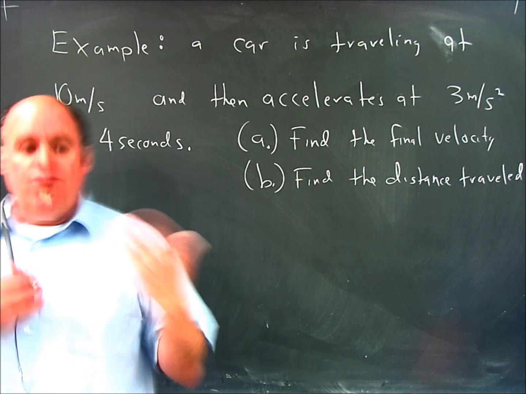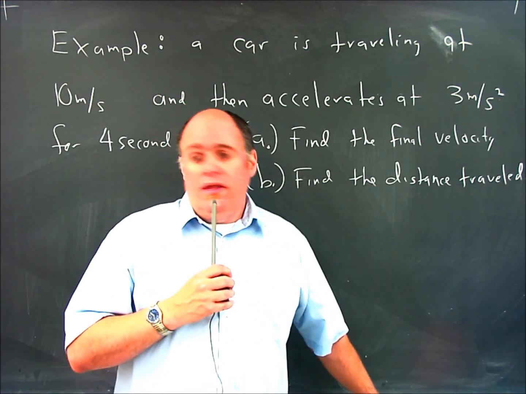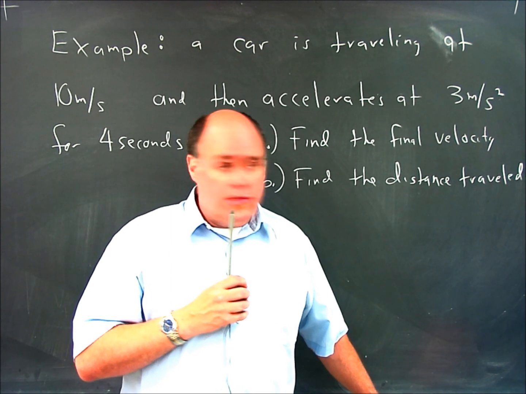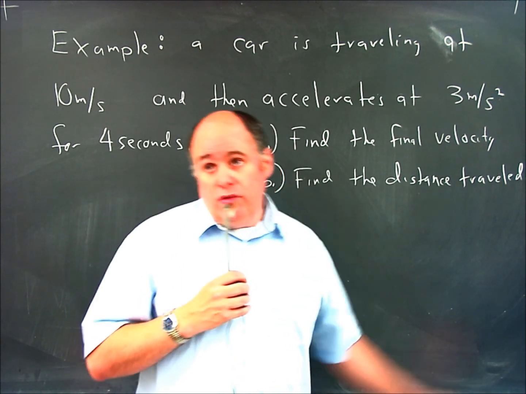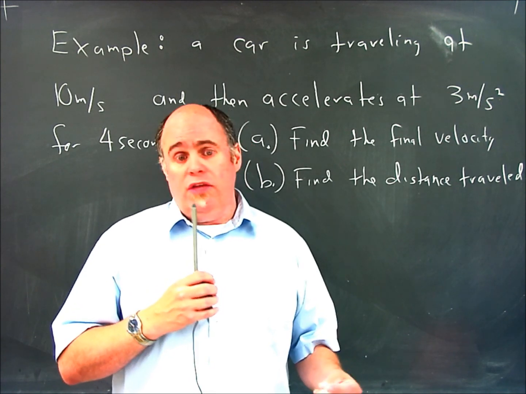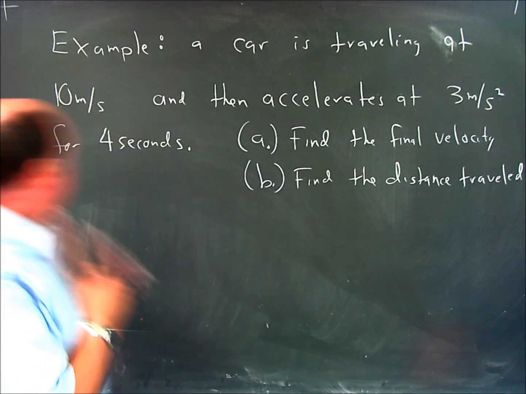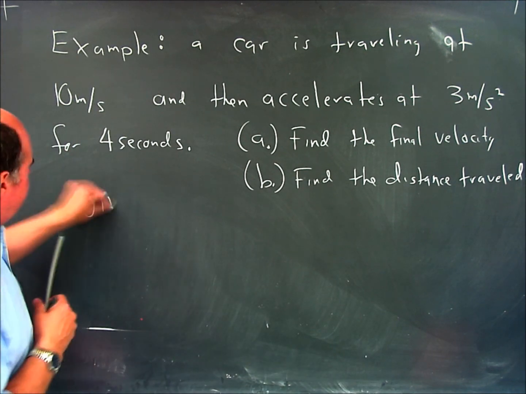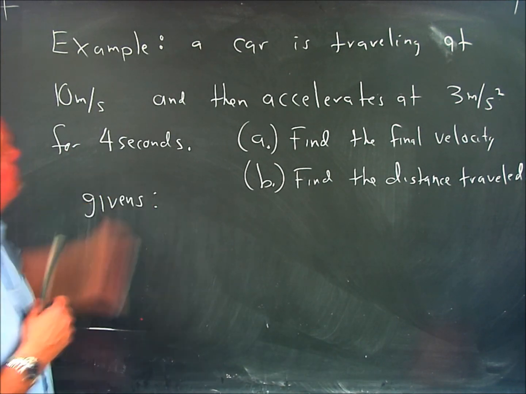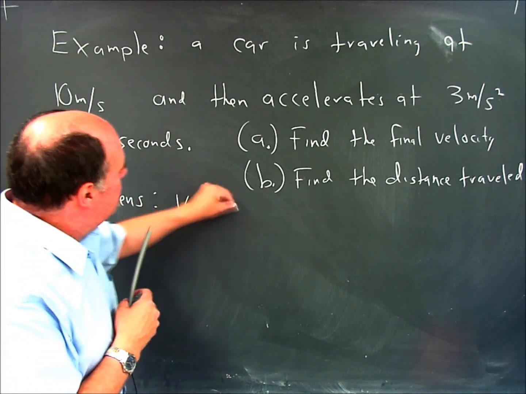So a few minutes ago, you saw 4 formulas of constant acceleration, and at this point you have to start using them. What I typically try to do is write down the givens, and then write down what I'm being asked for. I'll do either part A or part B first. So I'll write down the givens. The initial velocity is 10 meters per second.